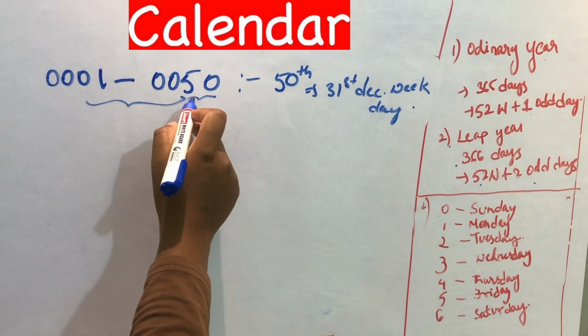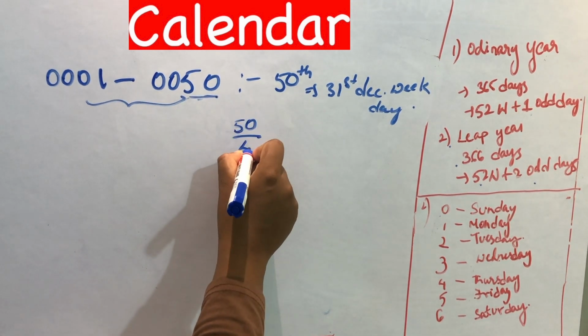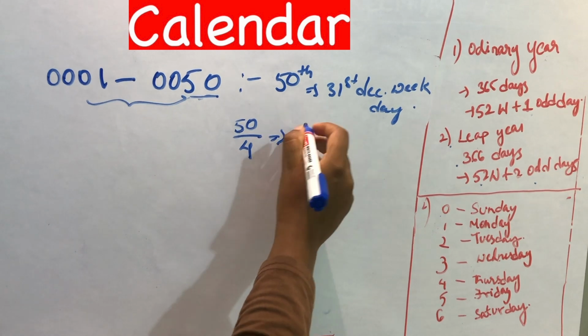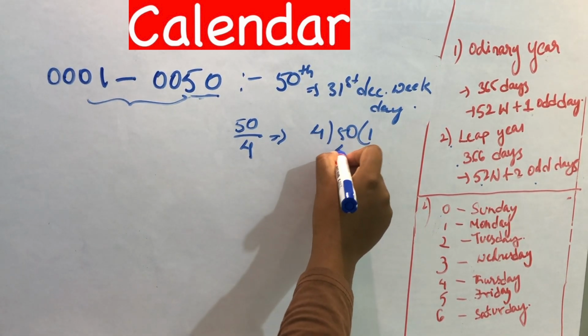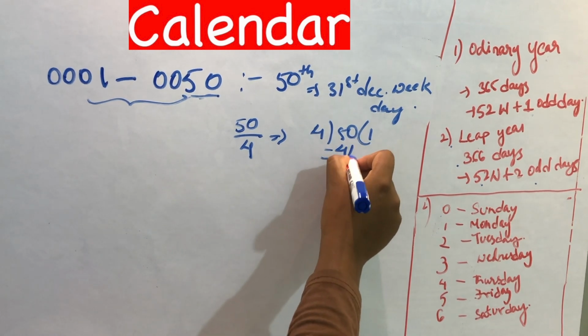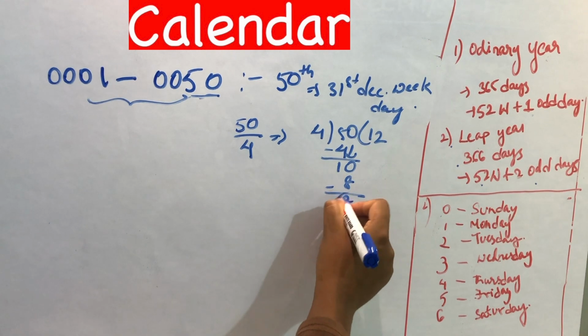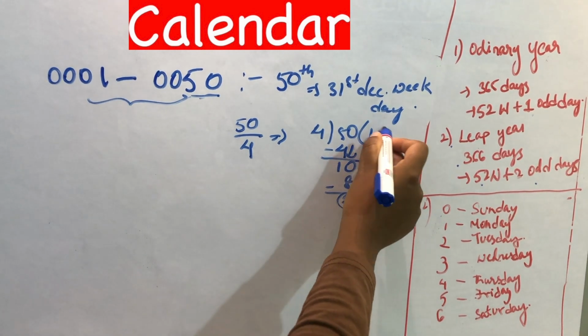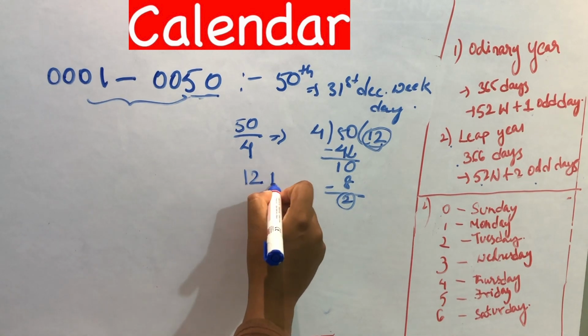If it is not a century year, we have to divide the given value by 4. Now if you divide 50 by 4, you will get the value 12 and remainder 2. So here the value is 12, which denotes 12 leap years.